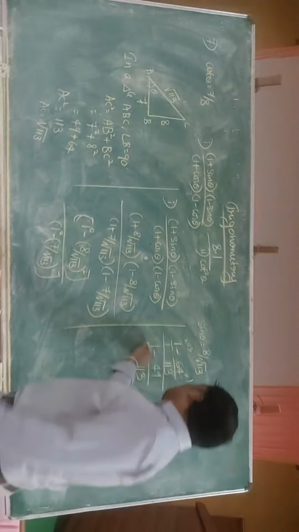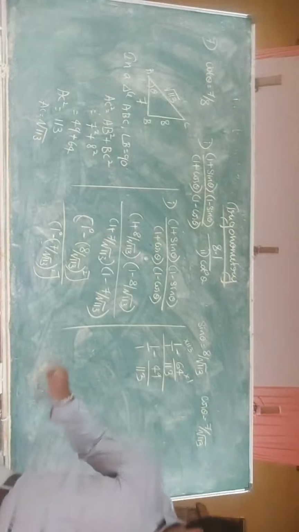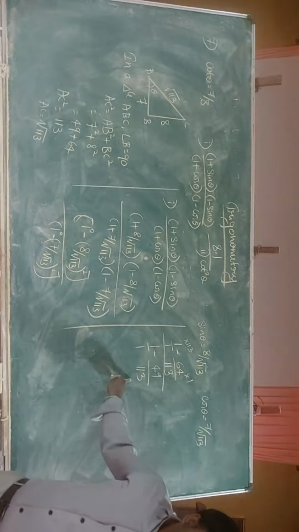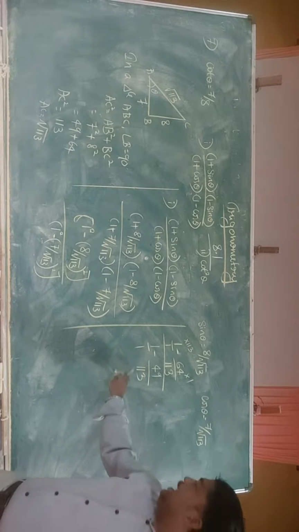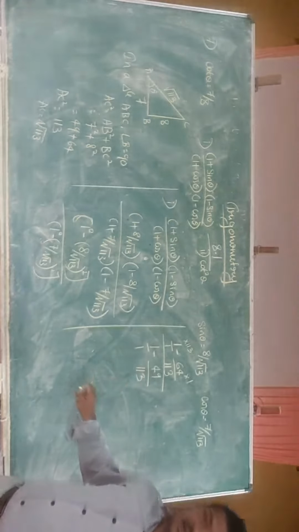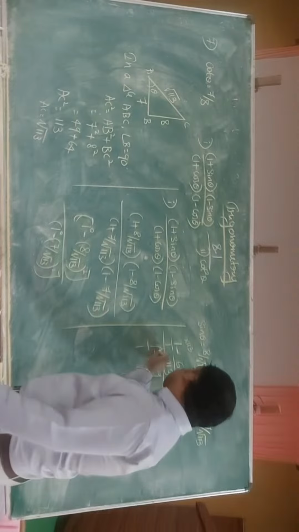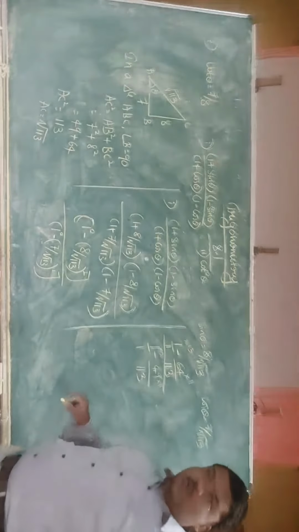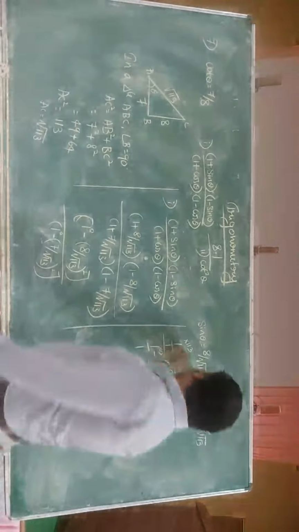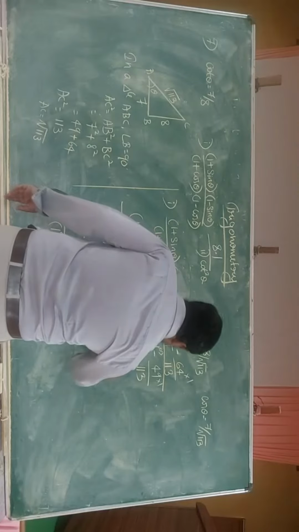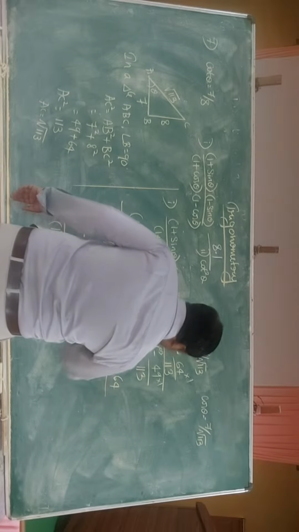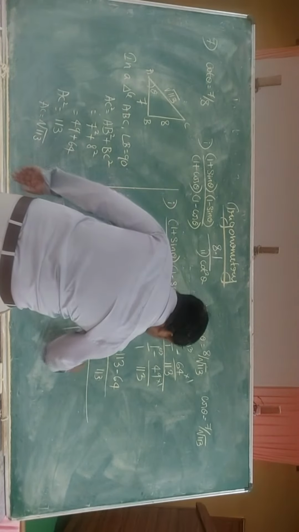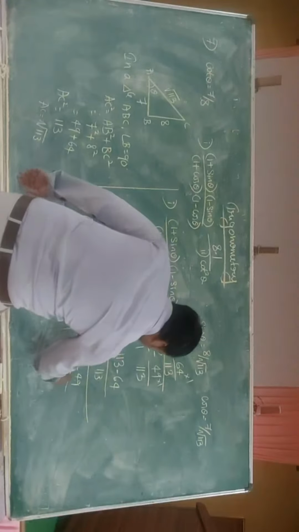Similarly in the denominator, 1 and 113 are the denominators, and again the LCM is 113. 113 ones are 113. So we get 113 minus 64 divided by 113, whole divided by 113 minus 49 divided by 113.